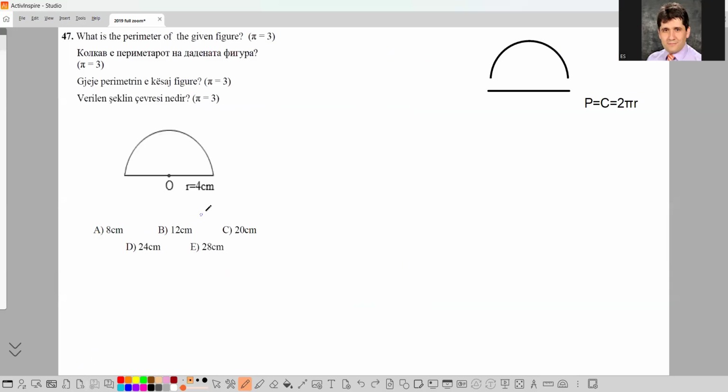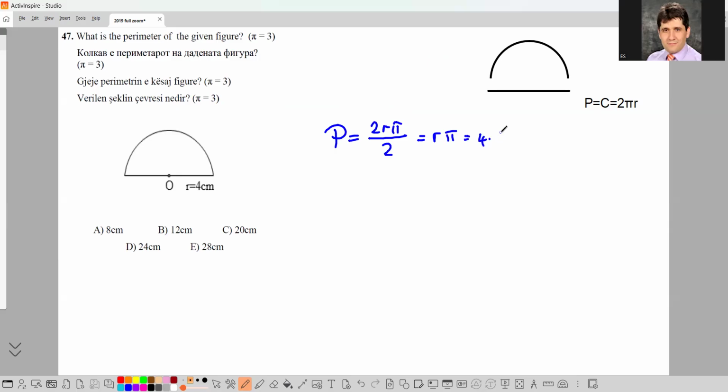Next, what is the perimeter of the given figure? So here we have a semicircle and a diameter. We need to find the perimeter of the semicircle. Now, semicircle is practically a circle, but then you divide it in two. So the perimeter of a circle is actually 2r pi. But because we need only half of that, we divide by 2. So that means it will be r times pi, the radius, which is 4 times the radius.